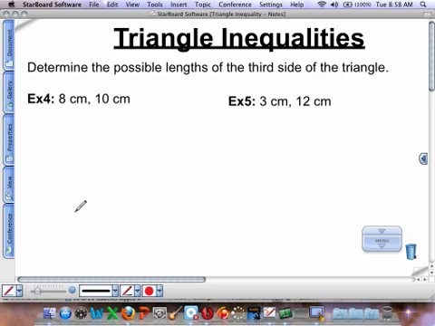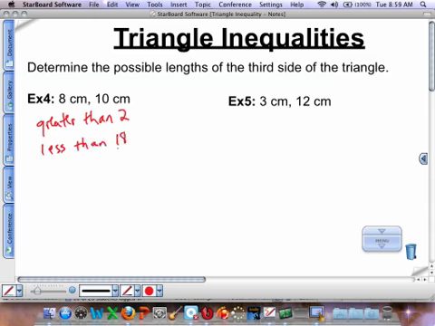All right, so I think what you guys are talking about, we definitely have these parameters. We have these limitations to that third side, isn't there? Okay, so you guys told me we have to be greater than 2. Well, we can't exceed, so we have to be less than what? 18.